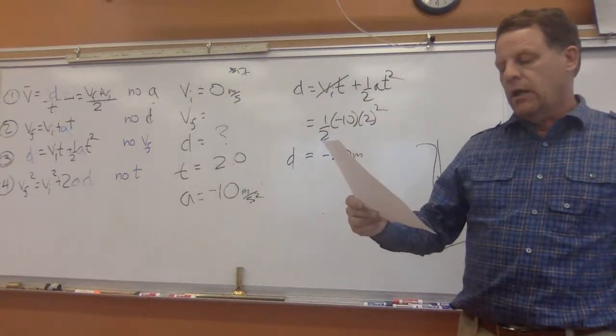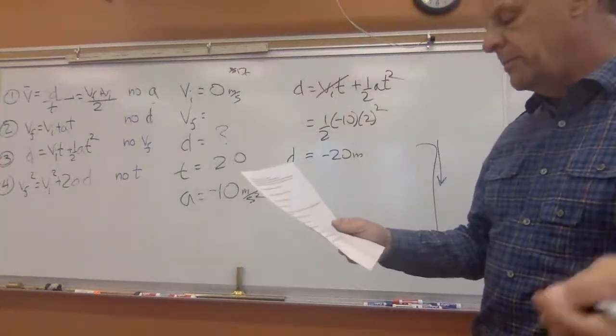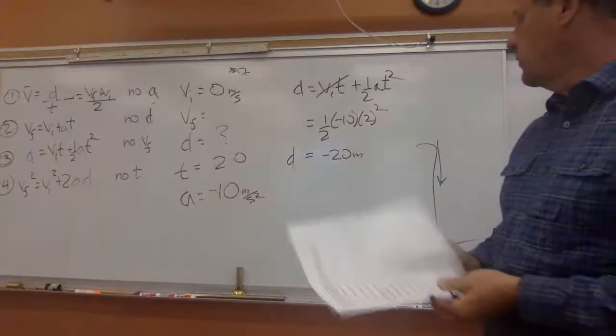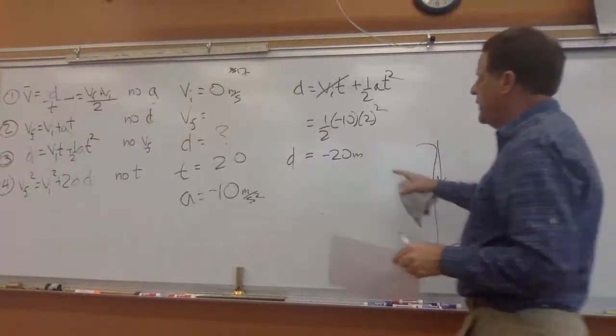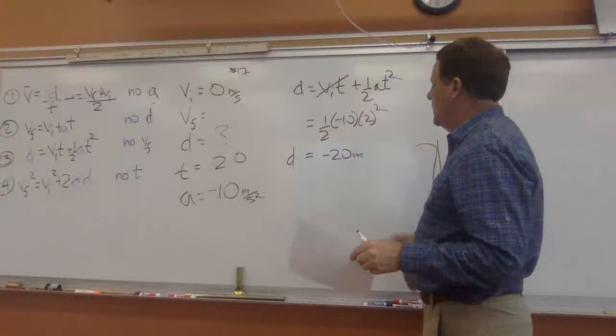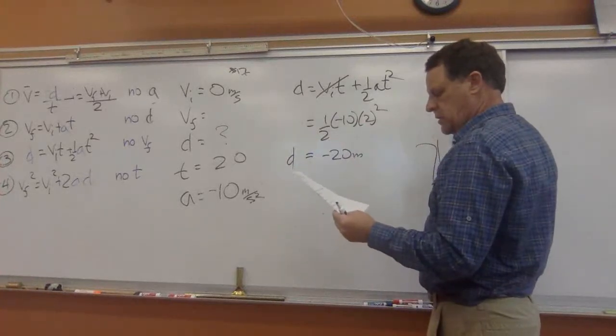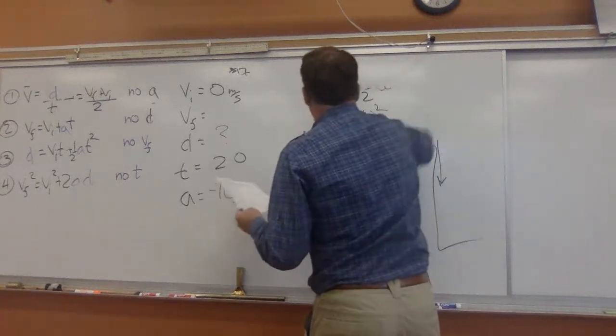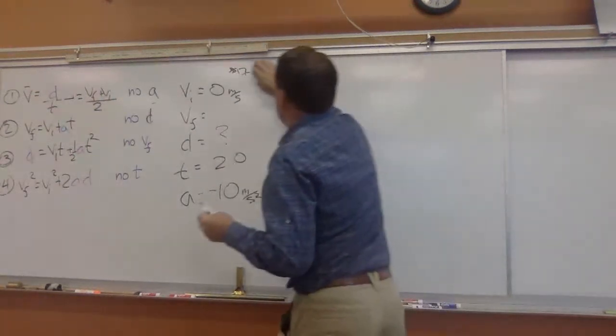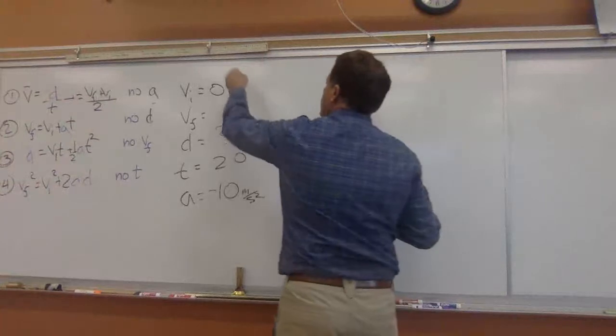Problem 18. How long does it take to increase its speed to 20 meters per second? Now, if we're really paying attention here, we know that... So we're going to go back to our original stuff here.